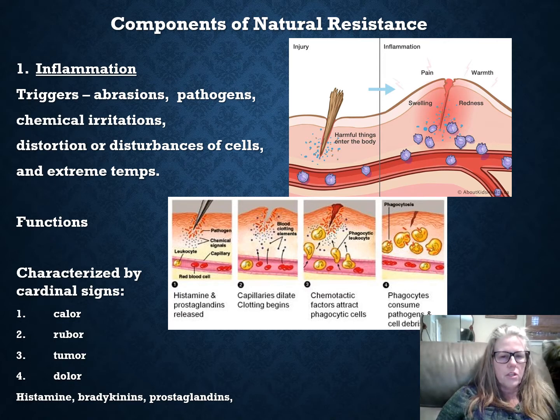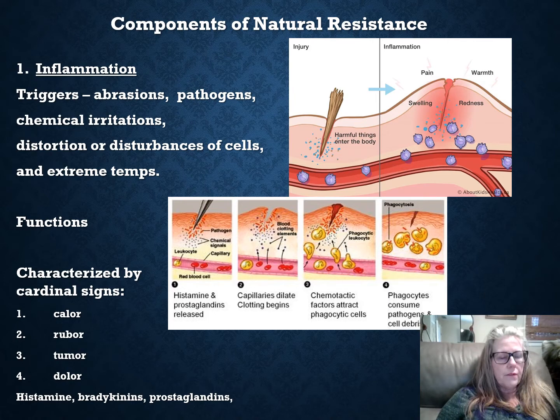A third function of inflammation is that it will set the stage for repair. Typically inflammation is caused by something that has injured the cells, even pathogens will injure cells. Inflammation will bring in the molecules needed to help repair those tissues.